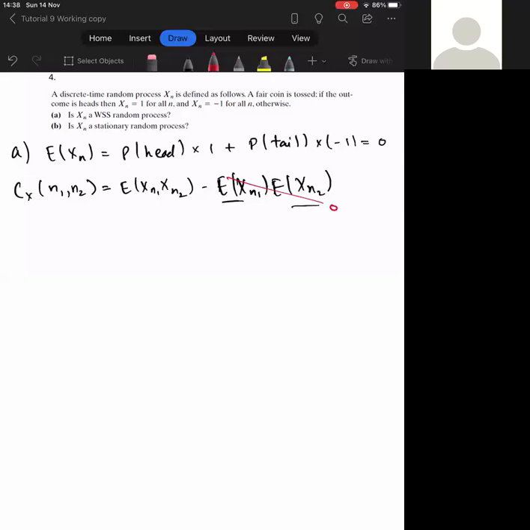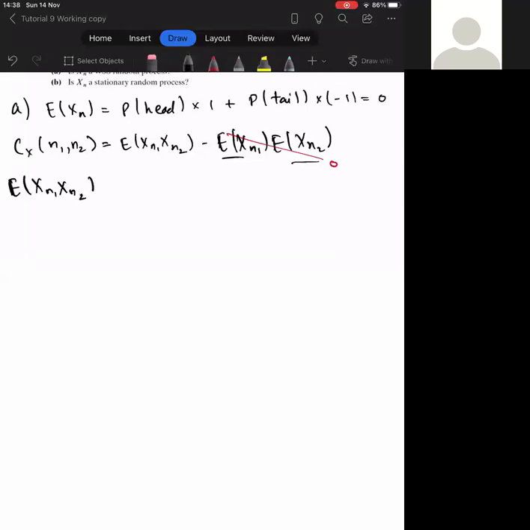So the expectation of xn1, xn2 equals the probability of head times 1 times 1. ये 1 times 1 क्यों हो रहा है? Because if it's head, both xn1 and xn2 will equal to 1. And probability of tail times -1 times -1.